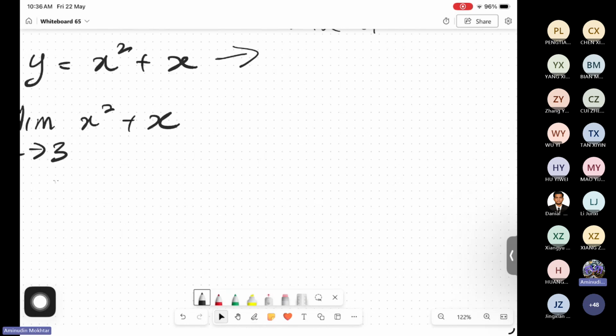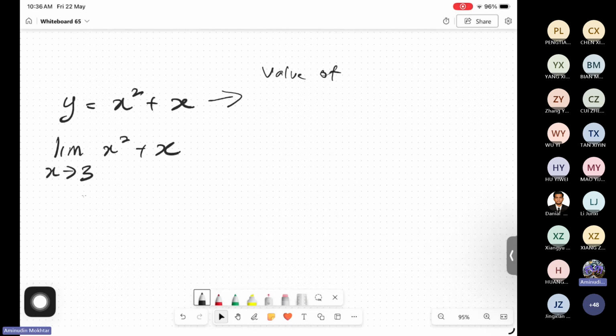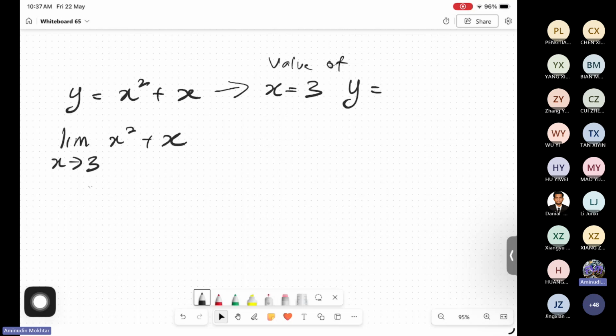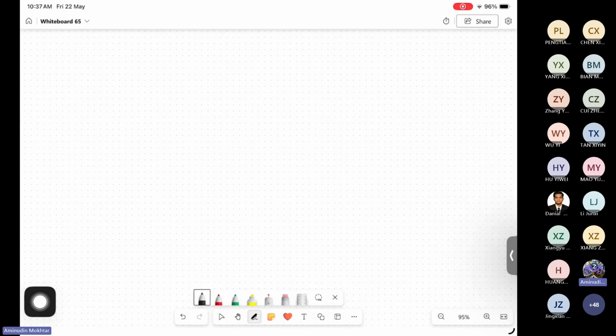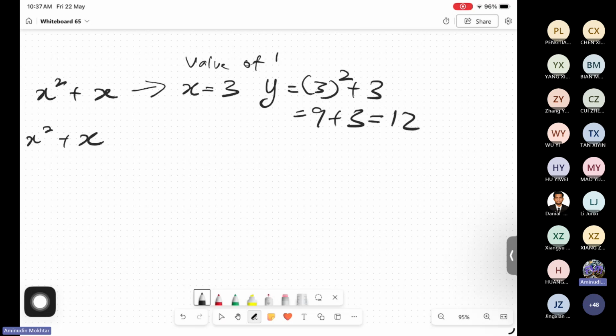We learned this concept in topic 1, I explained it in topic 1.